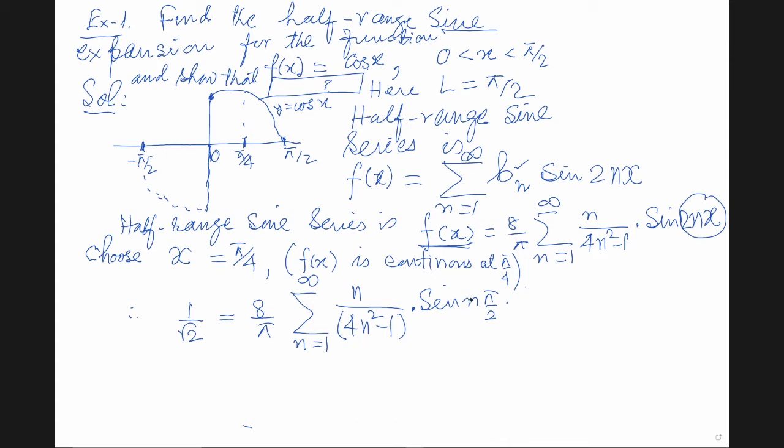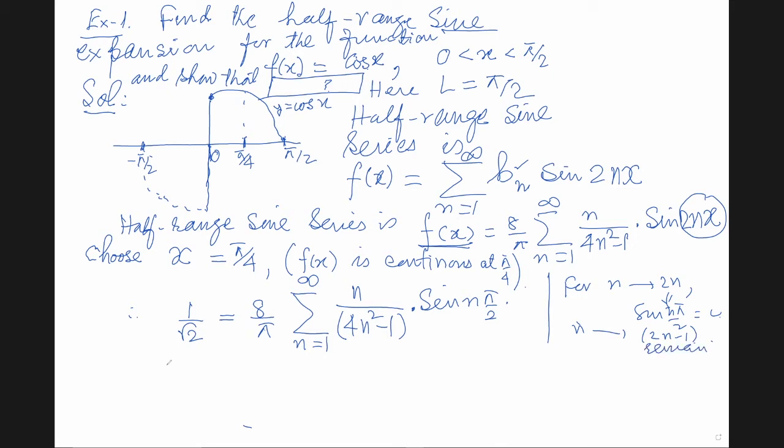If n is even, sine n pi by 2 will be 0, right? Because it is 2n, 2 cancels, sine n pi is 0. So only for n odd remain.